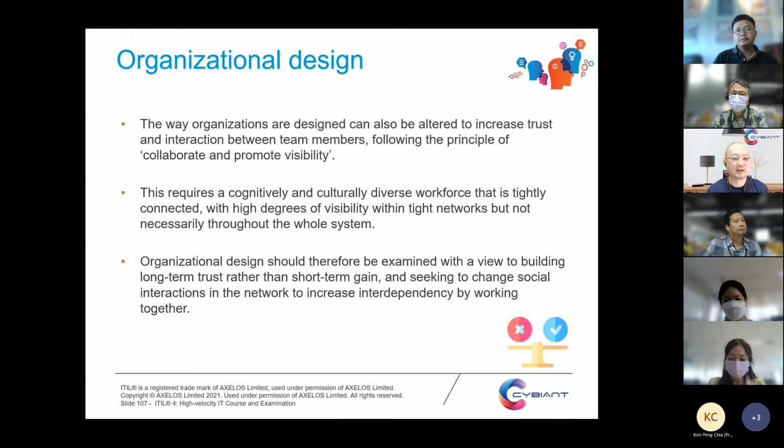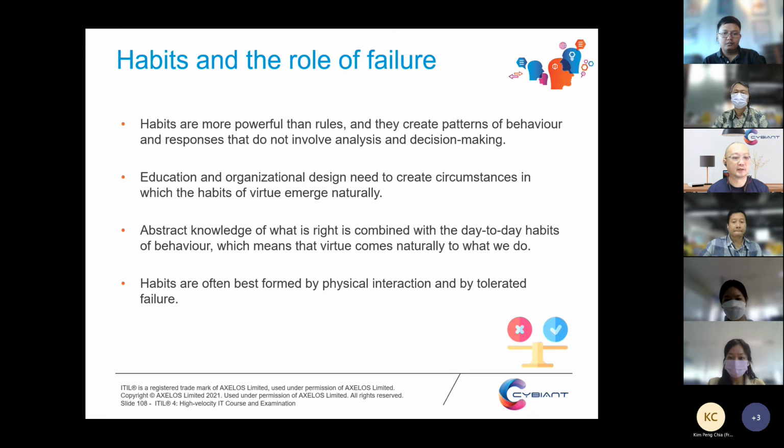Organization design talks a little bit more on how we can collaborate and work together better. Then habits and the role of failure, depending on the culture. Like I said, in some companies they celebrate failure. But again, don't just celebrate failure for the sake of celebrating. They say, hey, we have failed. We've documented it, we acknowledge it.